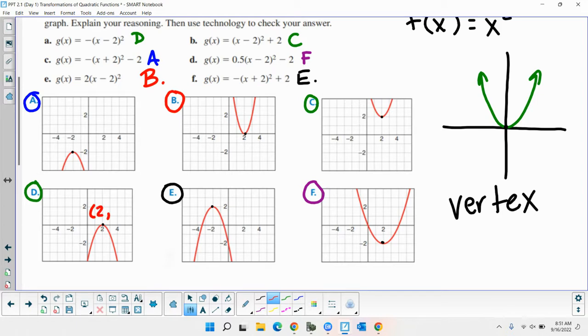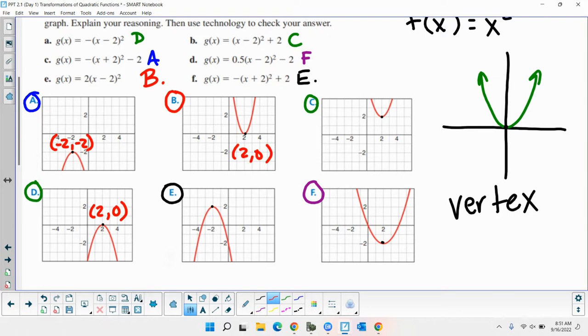And what's outside here? Do you see a number? Is there a plus anything? So if nothing's there, what do we write for nothing? 0, right? So the vertex there is 2, 0. Okay? Here, the vertex is negative 2, negative 2. Right there. That's the one that matched up, right? B, that's this one. The vertex is positive 2. And since nothing's written there, 0, right there.